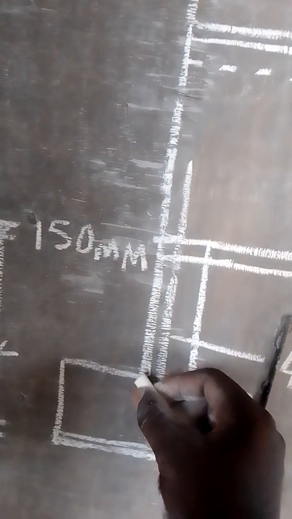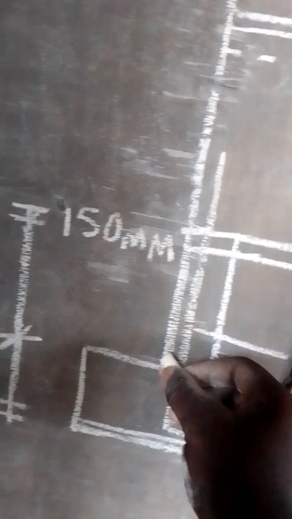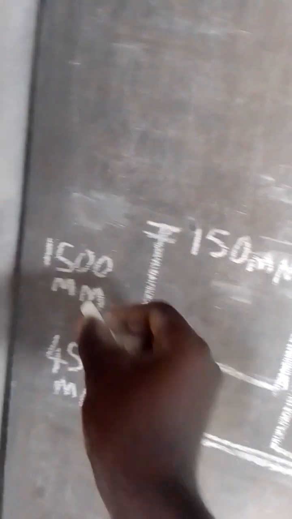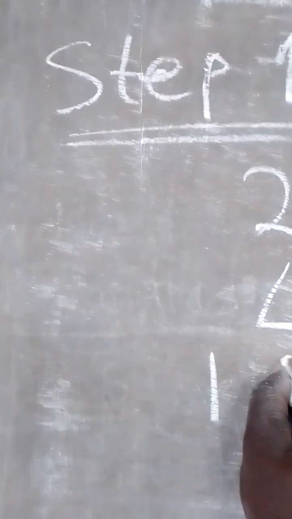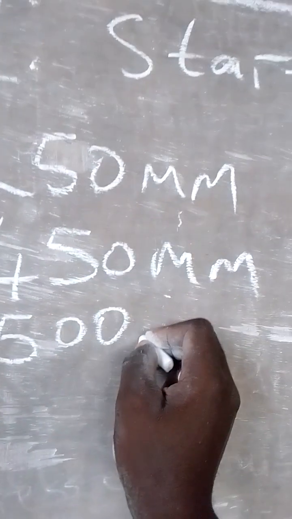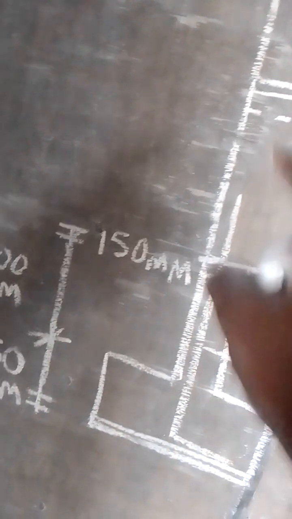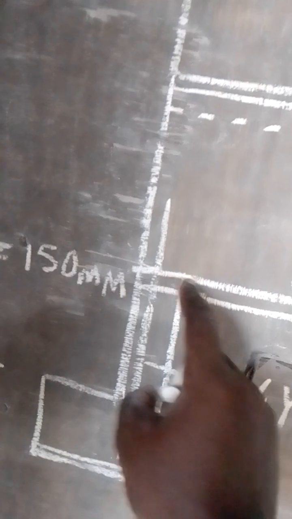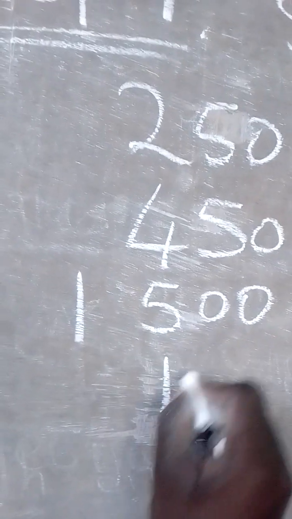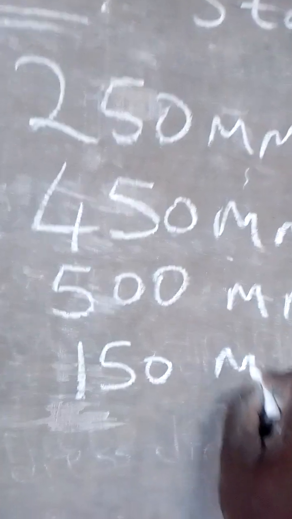Let's say the height of the foundation as recorded in the drawing from here to here is 1,500 millimeter, which is 1.5 meter. We are trying to get the length of travel of the starter bar. Now, the next one is the DPC, which is 150 millimeter. We add it, 150 millimeter.